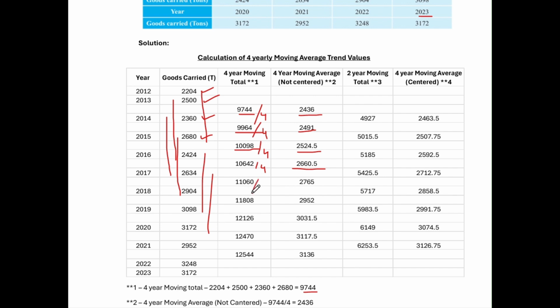Next, 11,060 divided by 4 is equal to 2765. In the same way, we will calculate for the entire series.